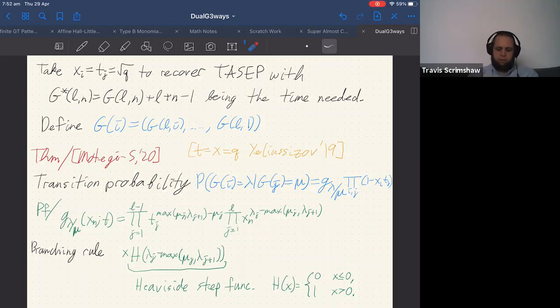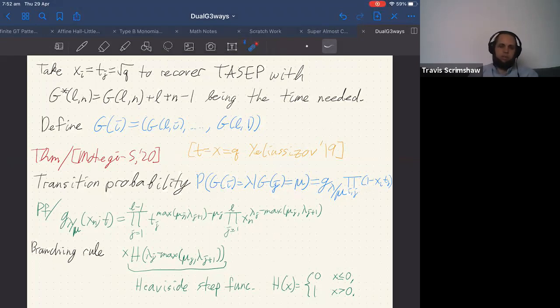So you can build out a branching rule and you can write it explicitly in terms of the partitions lambda and mu, like this. And then you look at this and you realize, oh, this is also just the combinatorial rule for taking all of the entries in the reverse plane partition and basically getting rid of them.